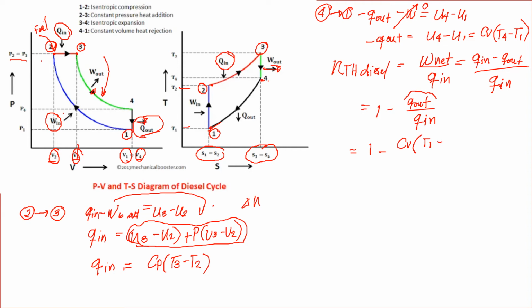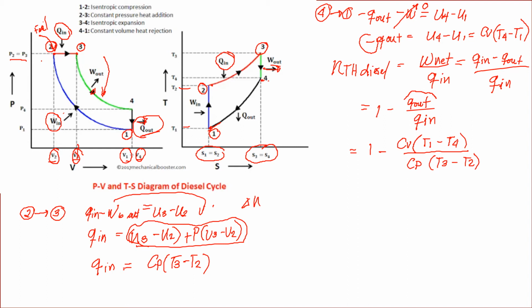Now the T1 is the first to be written because of the distribution of this negative value, T4, all over Cp, which is the heat addition, T3 minus T2.